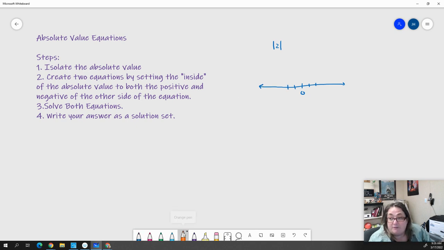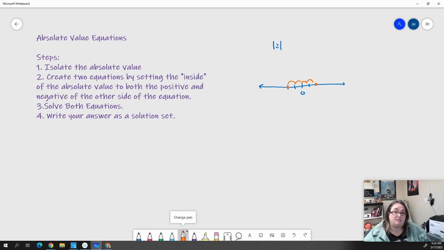So the absolute value of 2 can be 2, but it can also be -2 because it is just a distance of 2 on the number line in either direction. So that's ultimately what absolute values are, and it might help when you read these steps to understand that.